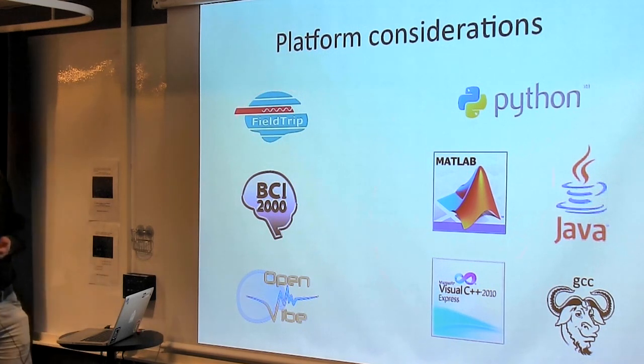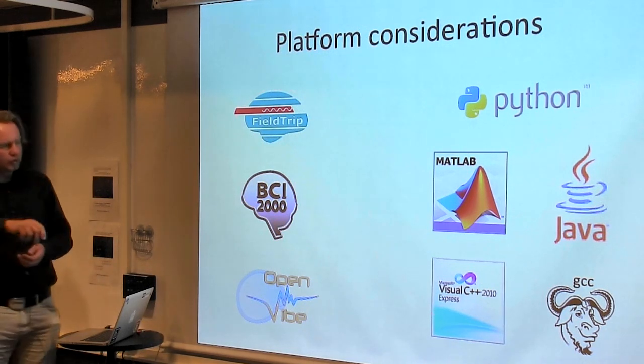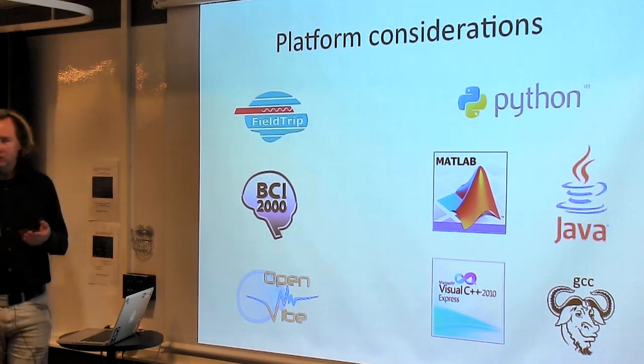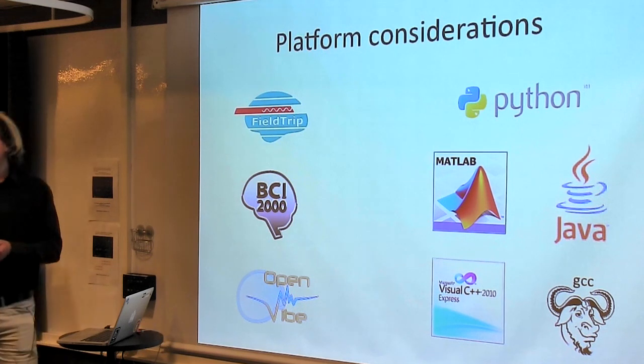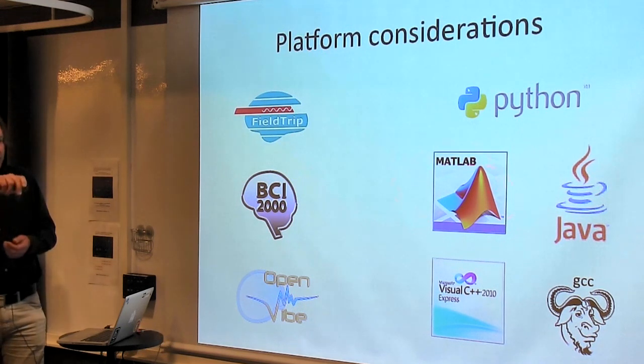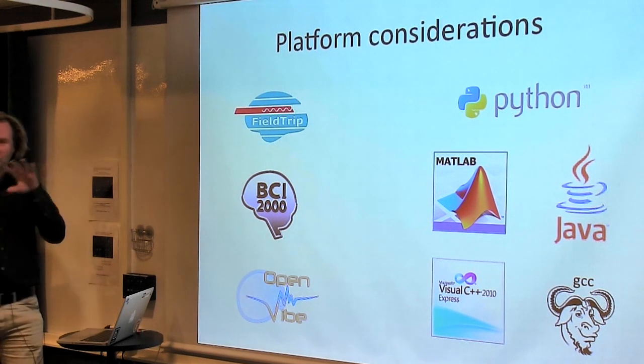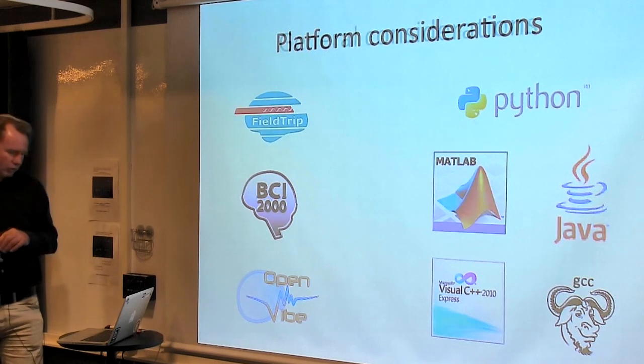And then on the language side with which you can develop, of course, if you're a Visual C programmer or a C++ programmer using GCC, that's fine, and these are perfectly appropriate tools. I personally have a preference for doing things in MATLAB. Some other people might prefer Java or Python. You have different choices, so just pick the one which is most efficient for you.